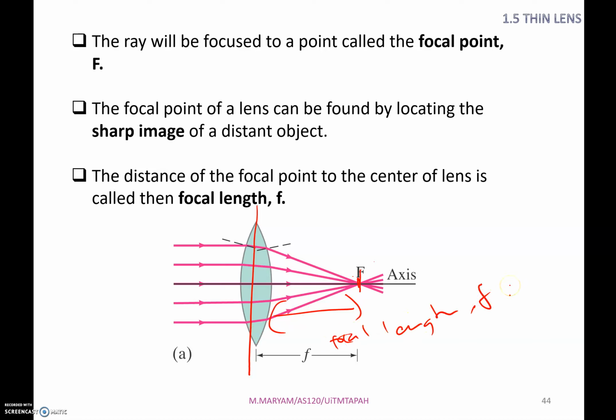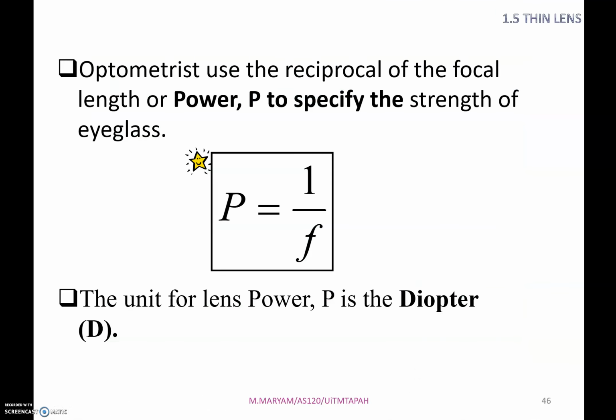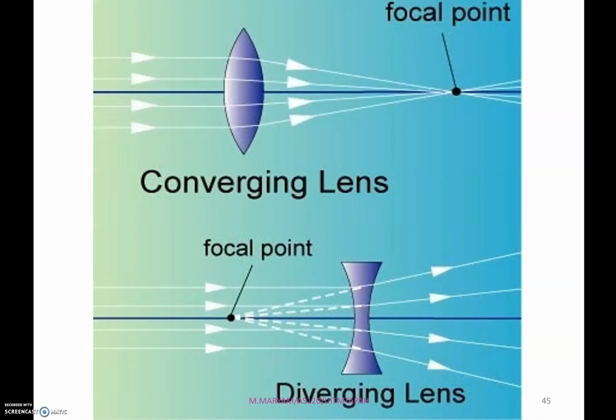This is important for you to use in the equation that we are going to learn later on. Like I mentioned before, the focal point for converging lens is at the back, whereas for diverging lens, it is at the front of the lens. This is positive f, and this is negative f.